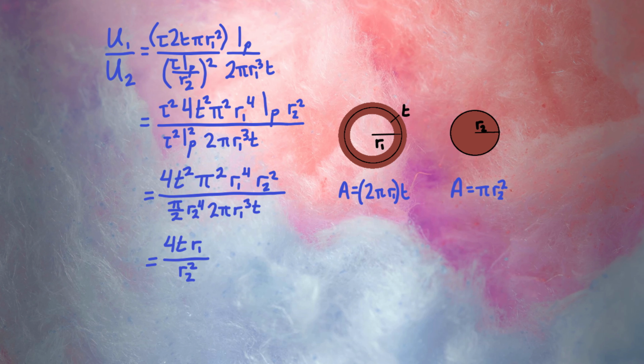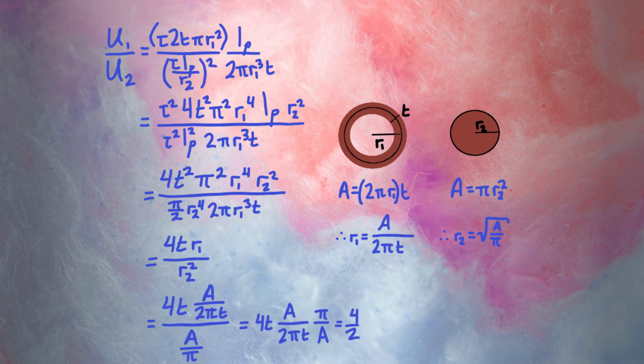And then our area for our cylinder is just a generic area. So if I solve for R, I can plug that into our equation, do some more algebra, and get 4/2, or in other words, 2 as my ratio of my strain energy in my tube over my strain energy of the bar.